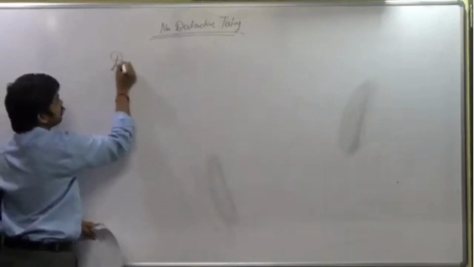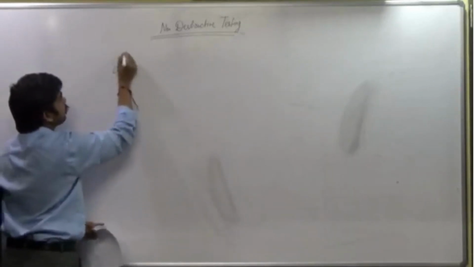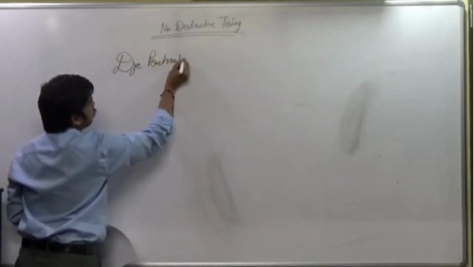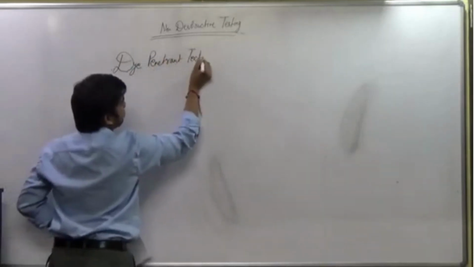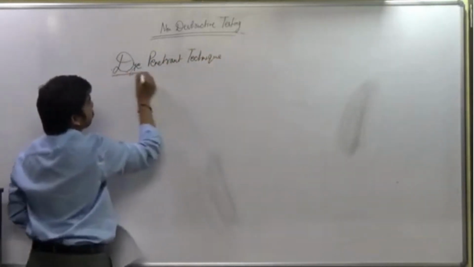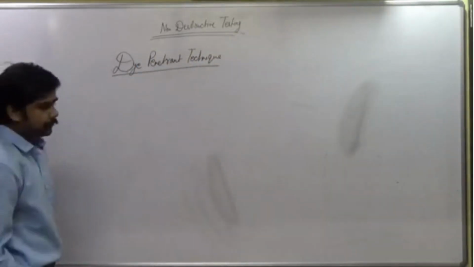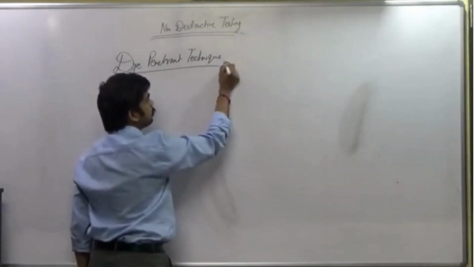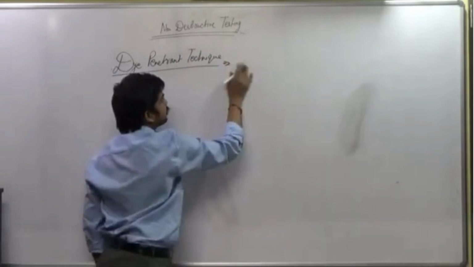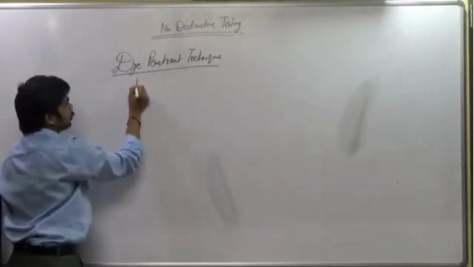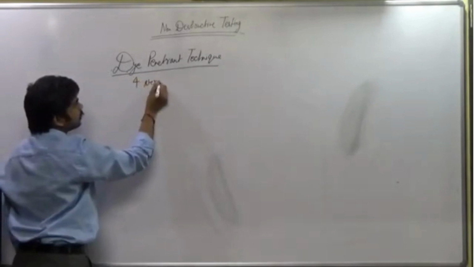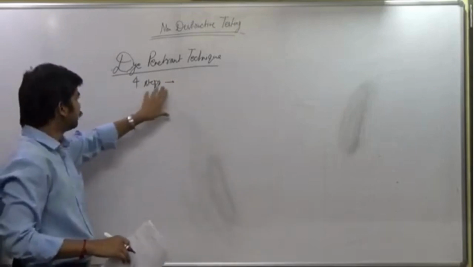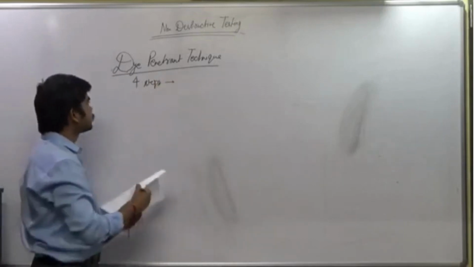In the case of the dye penetrant technique, there are four major steps. Firstly, I will tell you what the steps are, then we will take care of some important points of these steps.